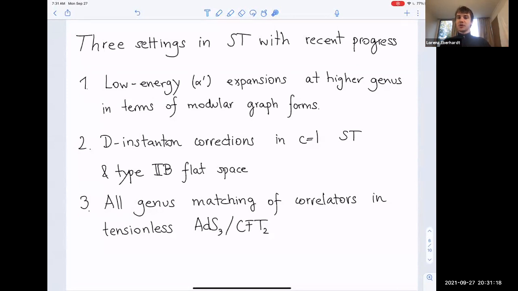The most simplifying property is that the integral over moduli space that you have to perform is actually not a real integral, because it localizes in moduli space. Because of that, the integral is almost trivial to perform and reduces to a finite sum. And because of that, you can directly match the all-genus correlators between the string worldsheet theory and the dual CFT2. So that is also one area where we have progress, but of course it's a very simplified arena.